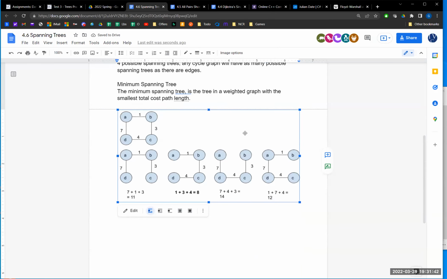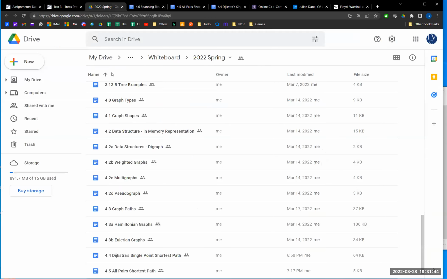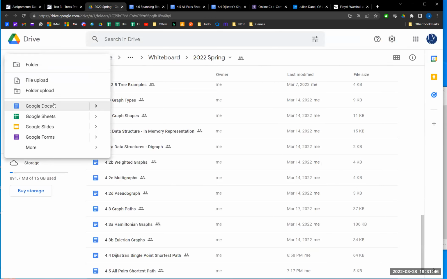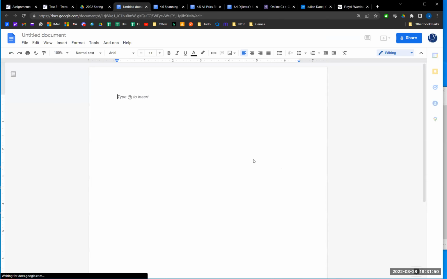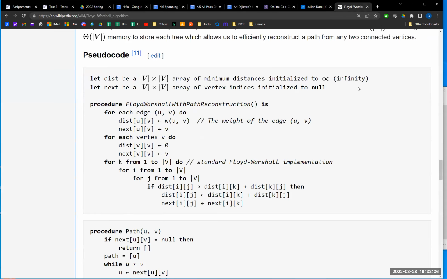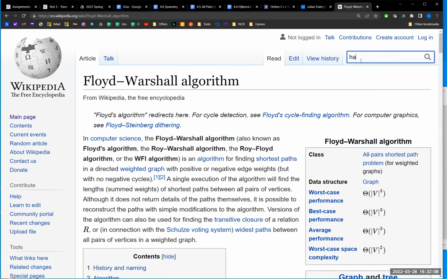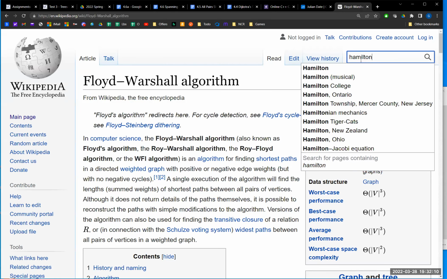All right, so there are several algorithms. My brain's not working correctly. I believe it's Hamiltonian's algorithm.